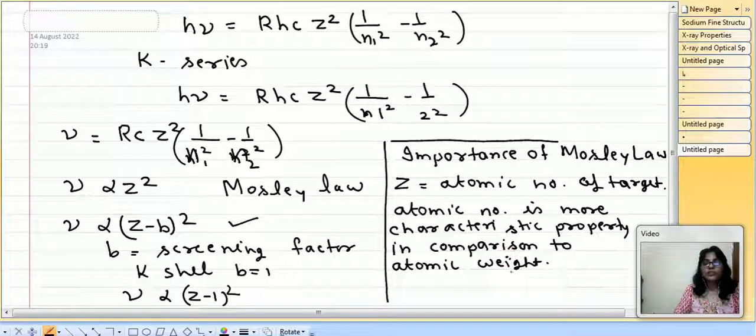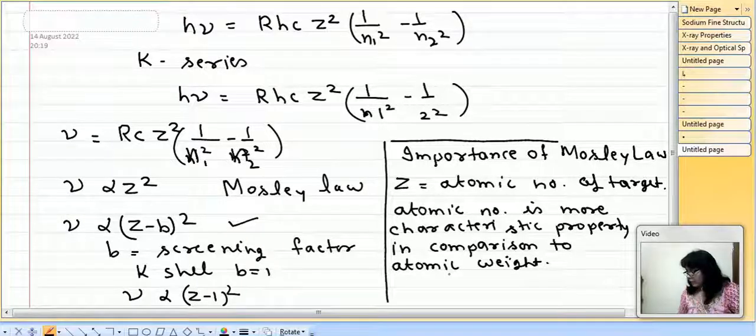Therefore the periodic table was changed and put in increasing order of the atomic number, and some problems which arose in the periodic table were solved using Moseley's law. So this is the importance of Moseley's law in the periodic table also.